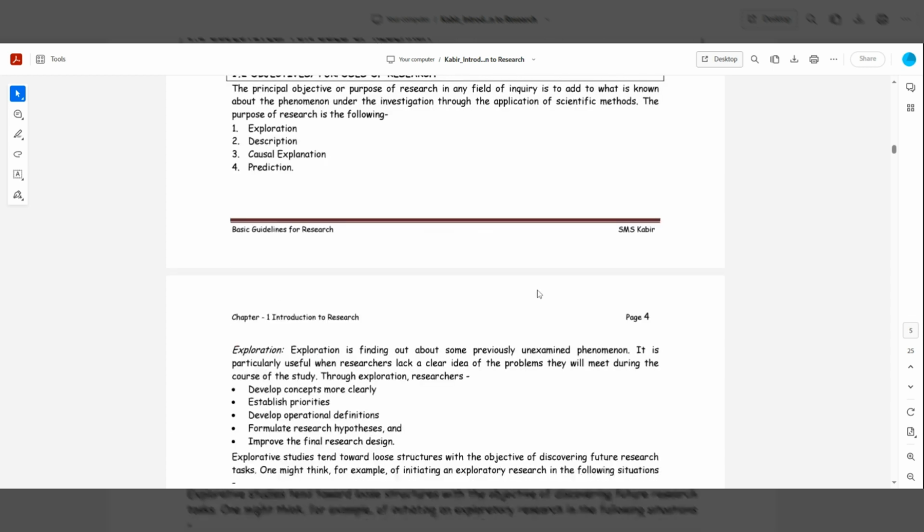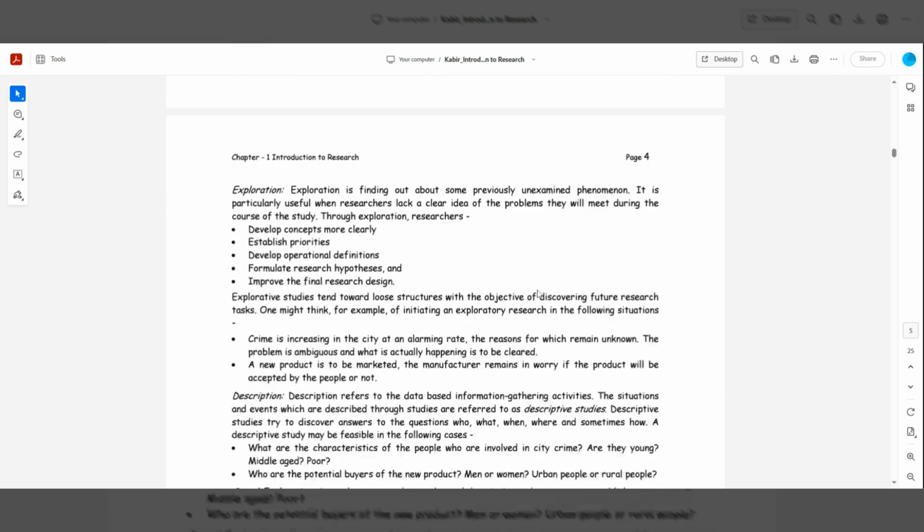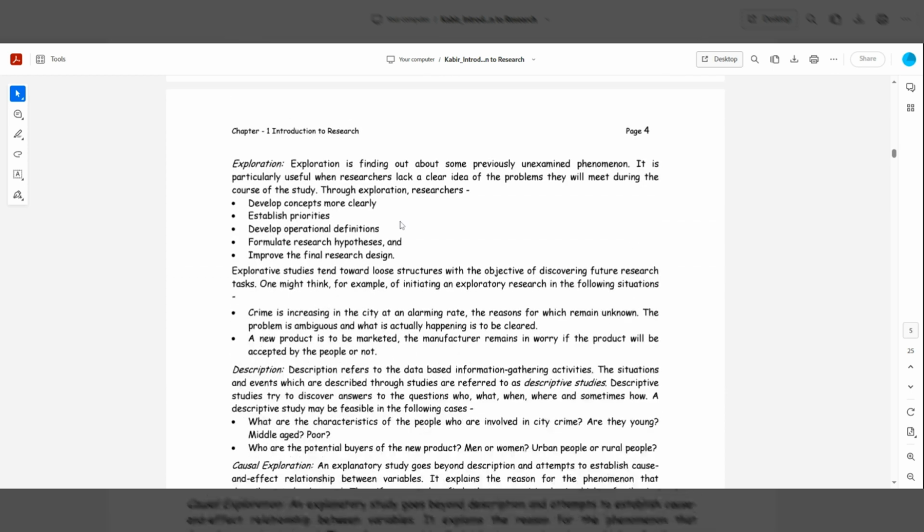These are the objectives, and I'm not going to go over them in depth. The objectives of research, when you're looking to answer a problem, are exploring, developing the concepts more clearly, establishing what's important and what's not important, and defining things.